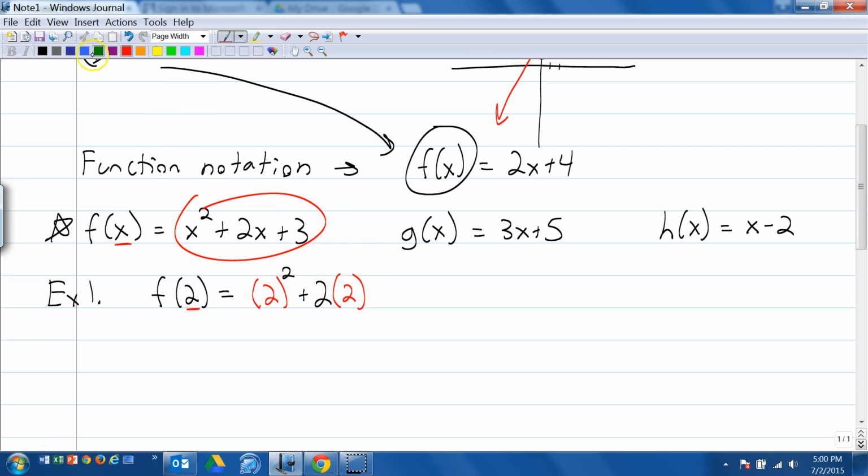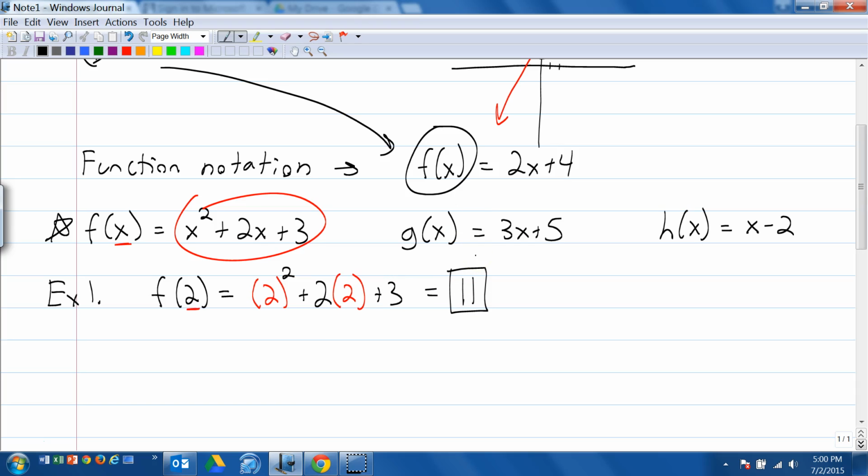The only thing that is changed are where the x's are. So f of 2 means figure out what happens when you plug 2 into this equation. It's very simple. The thing you have to be careful about, again, is the notation. So if you do this, you get 4 plus 4 is 8 plus 3 is 11. So the answer is 11.